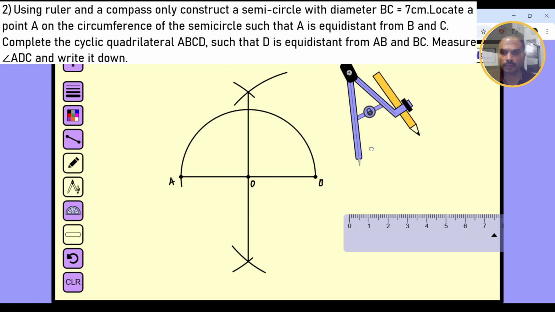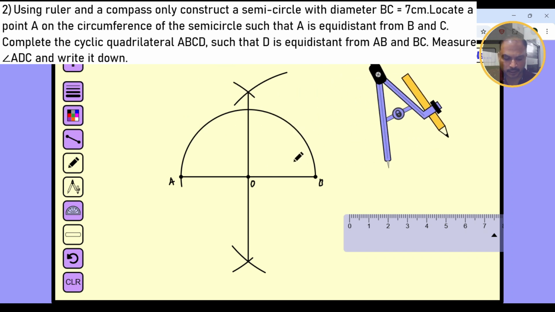Okay. Now let us see the question what they are asking. Using ruler and compass only, construct a semicircle with diameter BC, equal to BC they are telling. Okay. So now B, and I'll call this as C. BC equal to 7 centimeter. Locate a point A on the circumference of the semicircle such that A is equidistant from B and C. Okay, so you know that any point on the perpendicular bisector, this is MN.